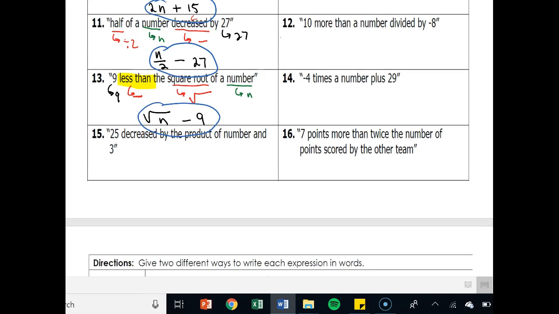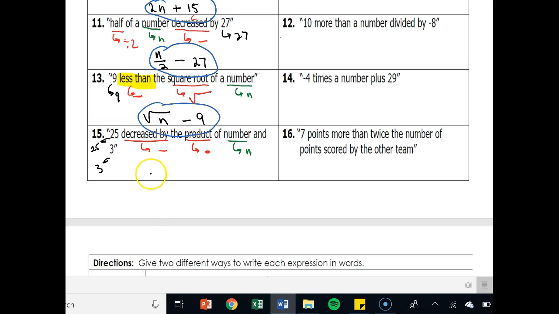And 25 is just a number, so I'll just put that off here. Decreased by, that's our regular subtraction one. We don't have to flip that one. The product, that is absolutely an operator. It means multiplication of a number, that's a variable, n, and 3. That's a number we're going to use. So it says 25 decreased by the product of n and 3.